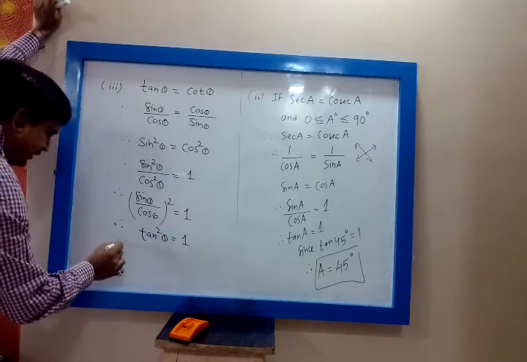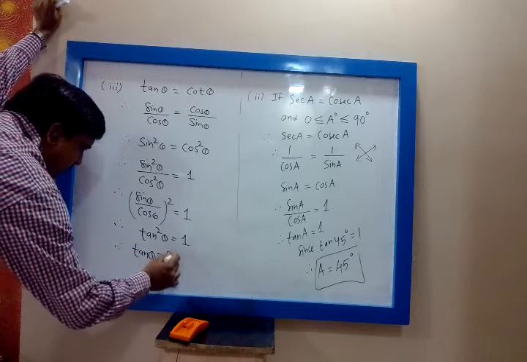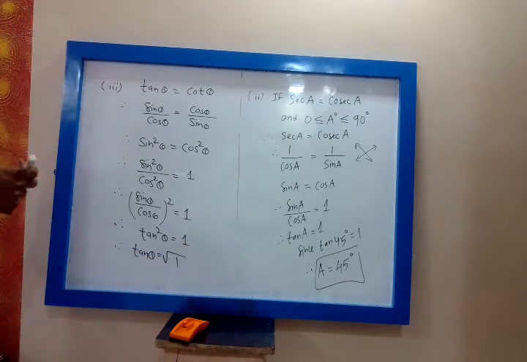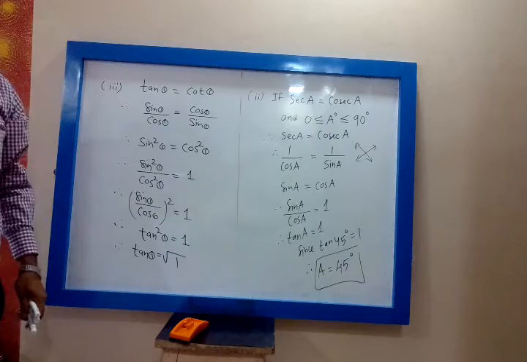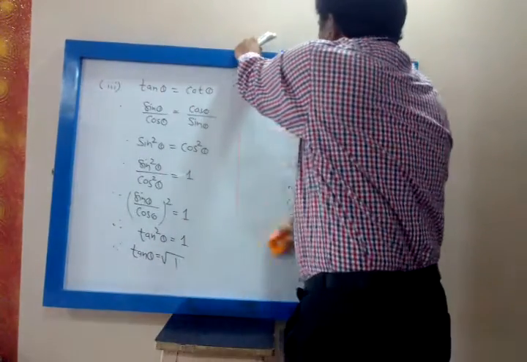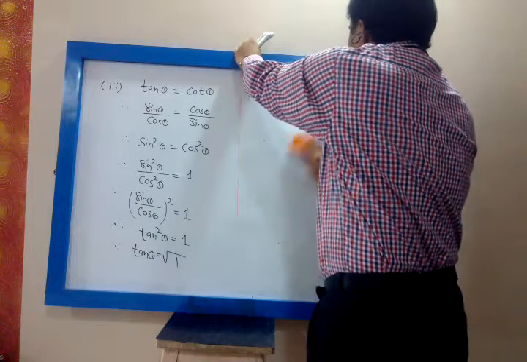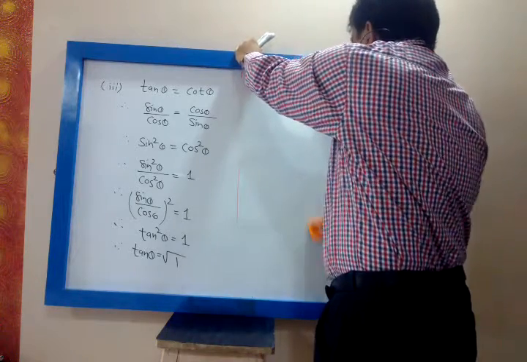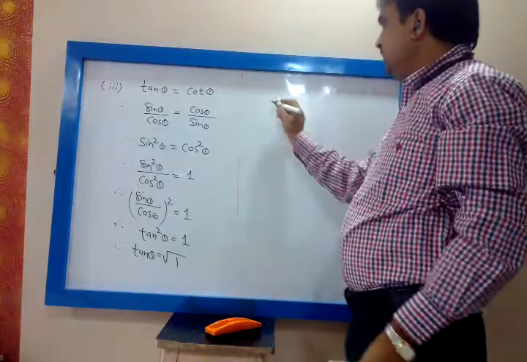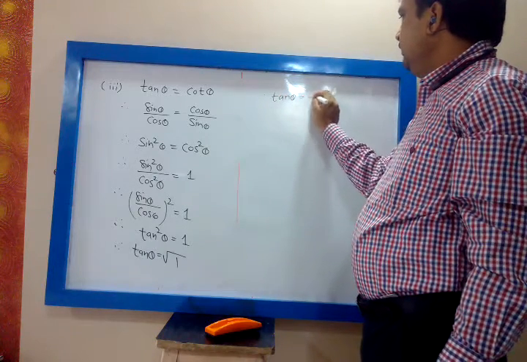So you will get tan theta is equal to square root of 1. What is square root of 1? Yes, square root of 1 is plus minus 1. So tan theta is equal to plus minus 1.